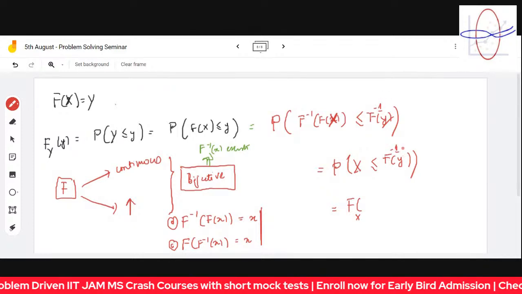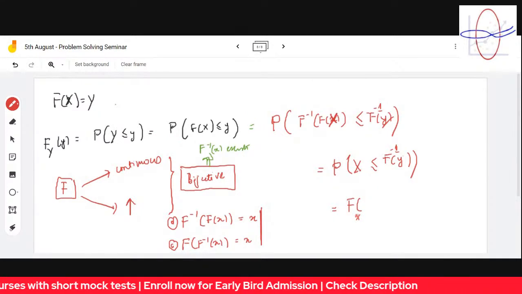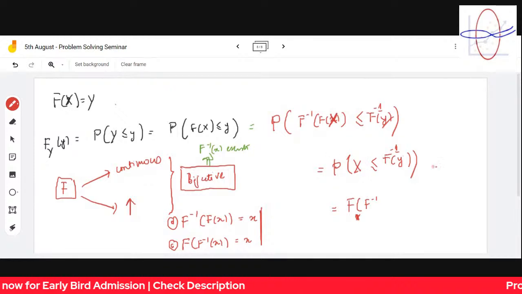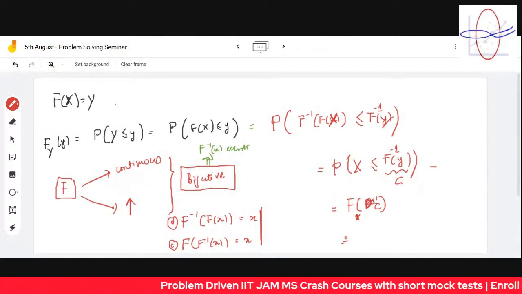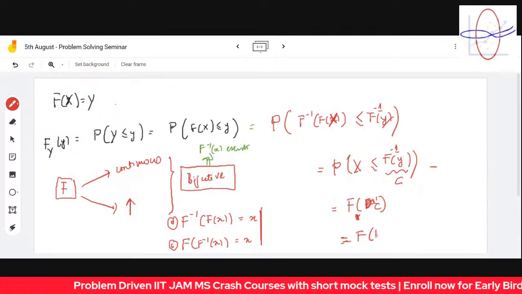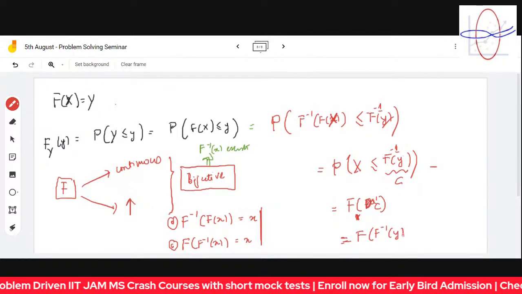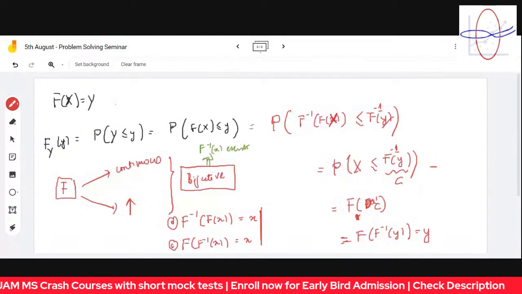We did f inverse on both sides. So capital F of f inverse of, if this is C, then this is F of C, because F is the CDF of this x. And here C is f inverse of y. So it's F of f inverse of y, which is equal to y.